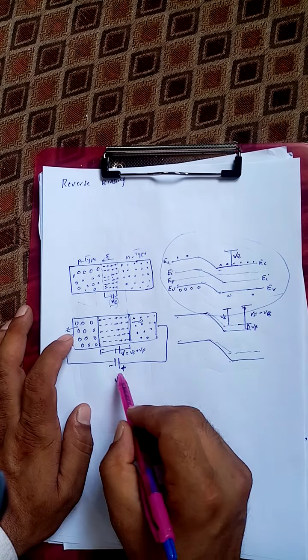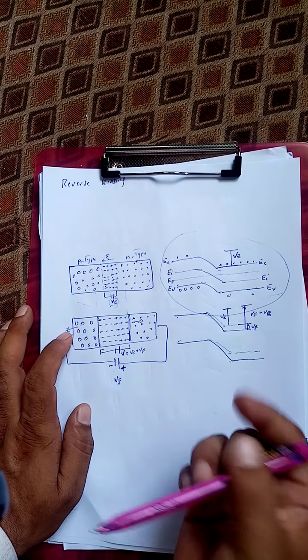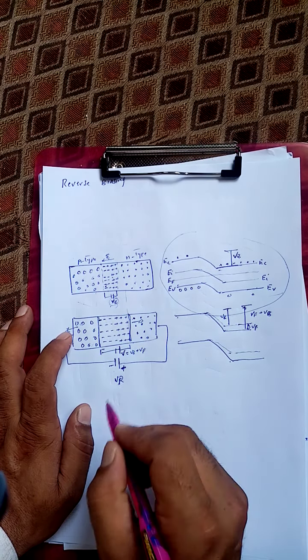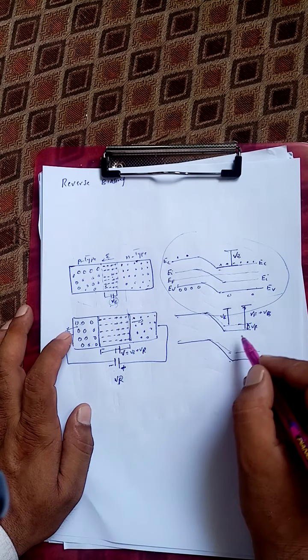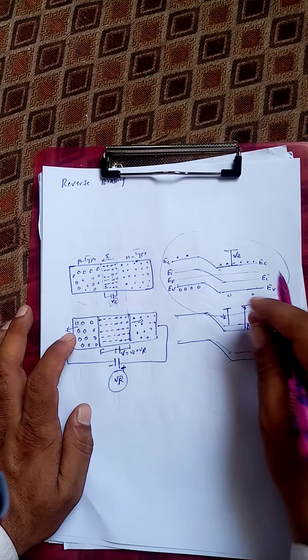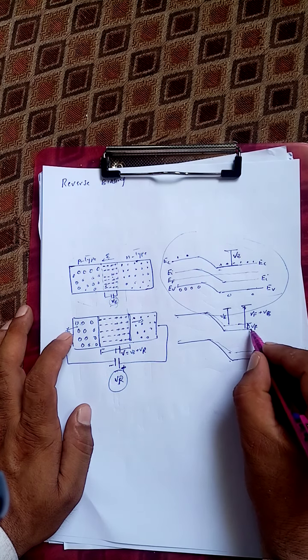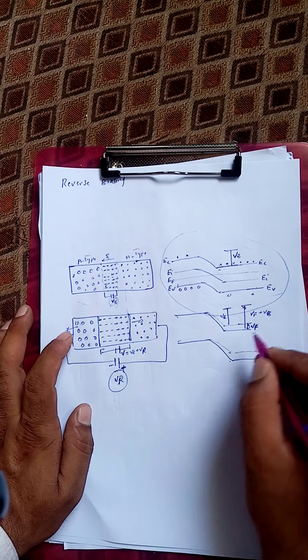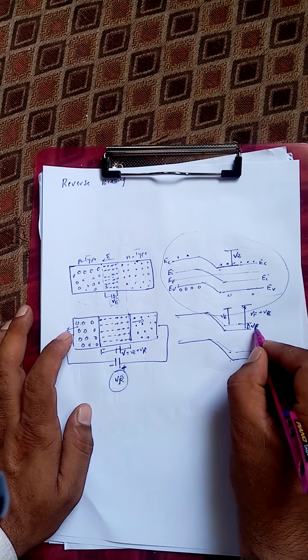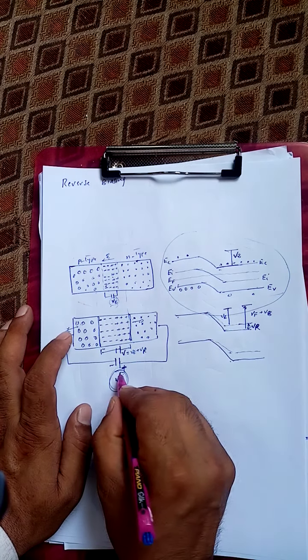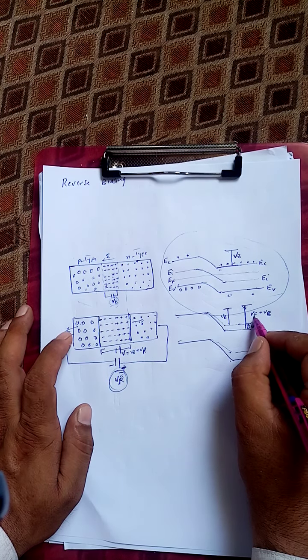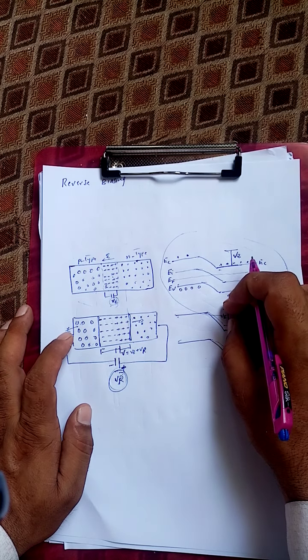But if we use reverse biasing, we call it VR, then this barrier potential increases by this amount VF, which is VR. So the net barrier potential is now VF plus VB, which is much bigger than VB.